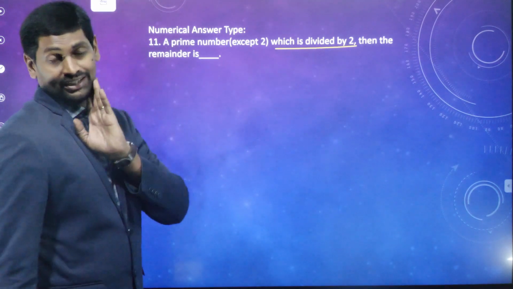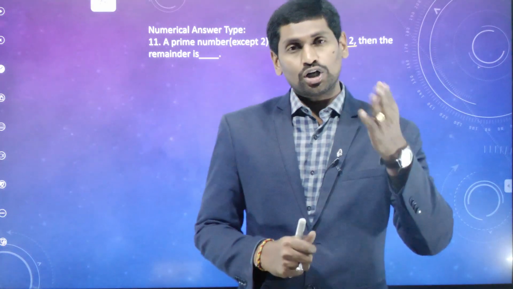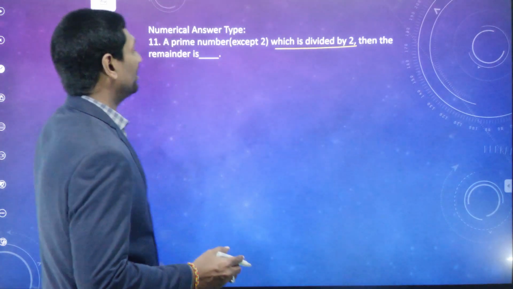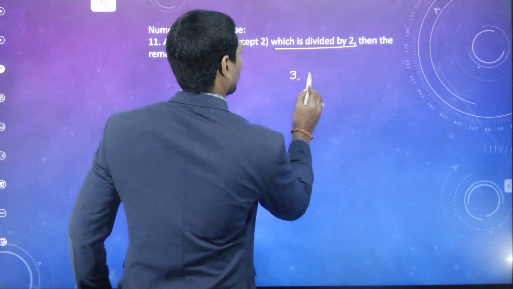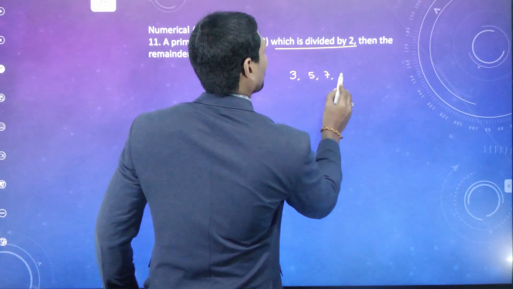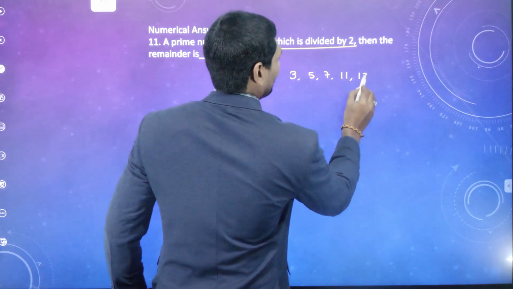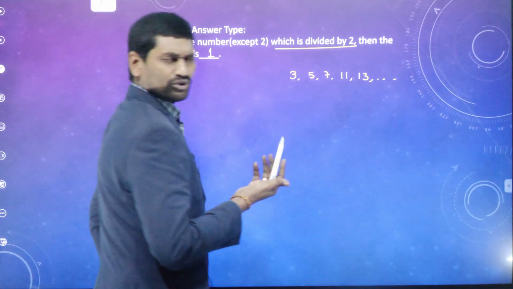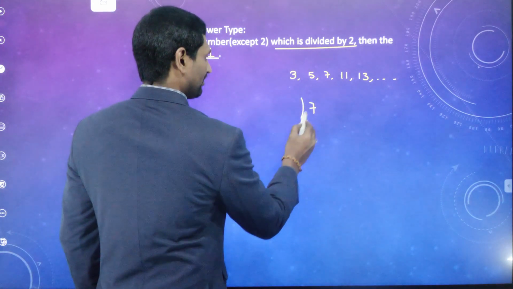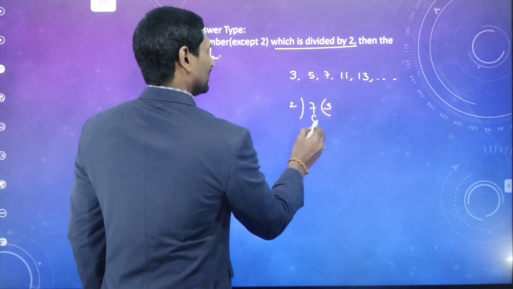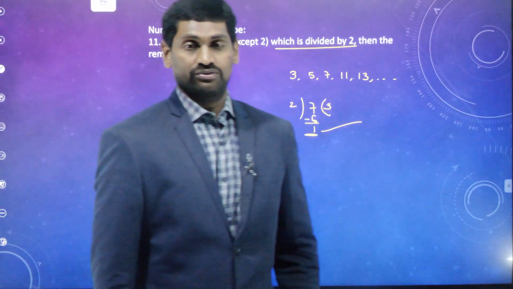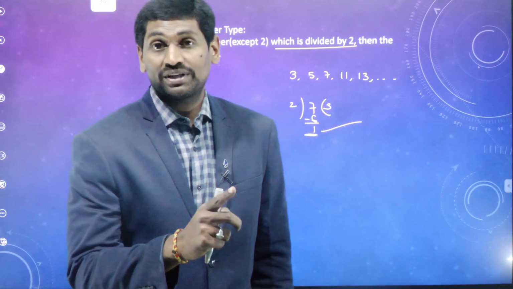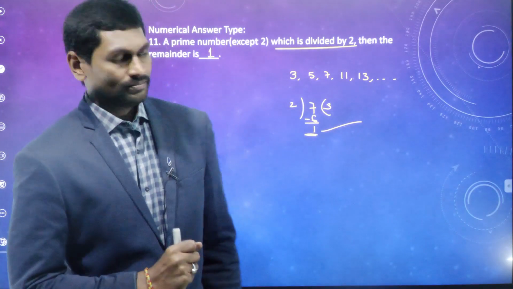If you divide all the odd prime numbers by 2, what is the remainder? The remainder is always 1. For example, take the odd primes 3, 5, 7, 11, 13 and so on. Take 7 divided by 2: 2 threes are 6, then the remainder is 1. So an odd number always leaves the remainder 1 when divided by 2.